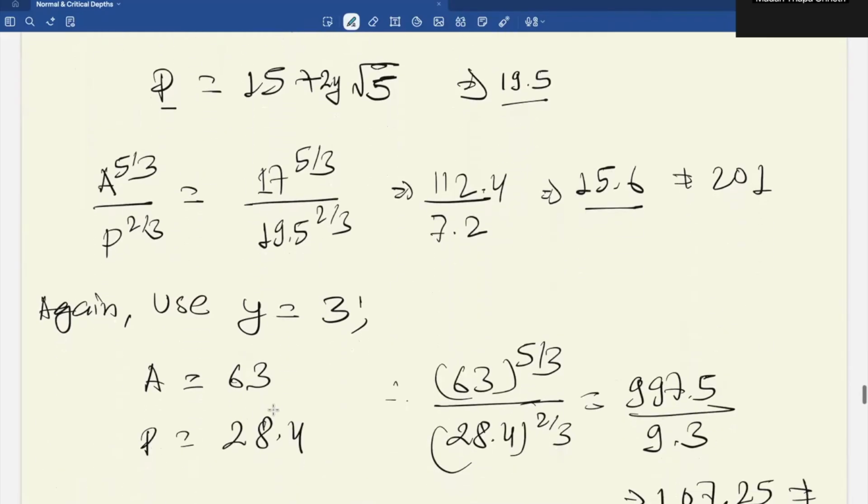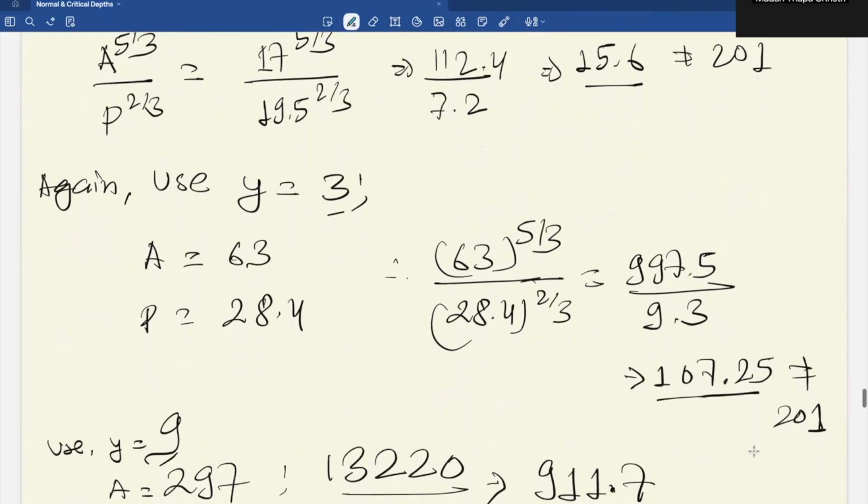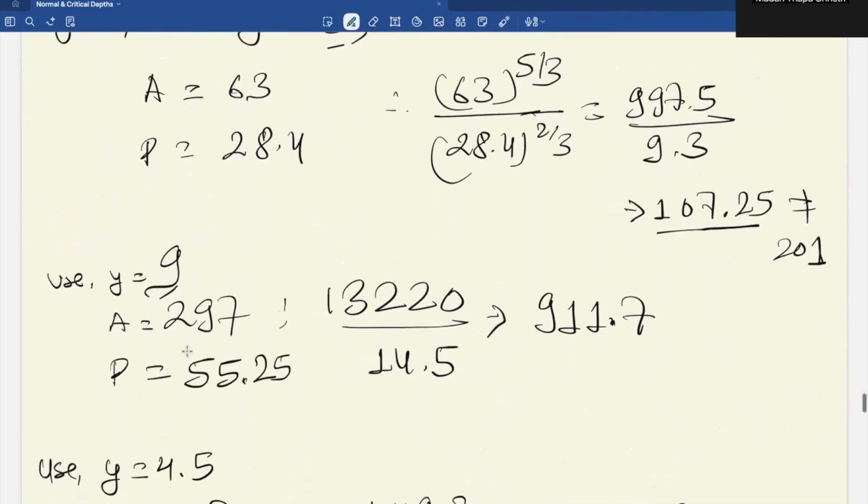Let me use y equal to 3 feet, and that gives us 107.25, which is also not close to 201. So let me use a bigger number, 3 times the previous value, that is 9. That gives us 911.7, which is way far from 201.